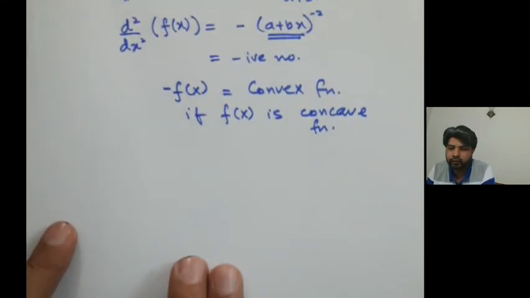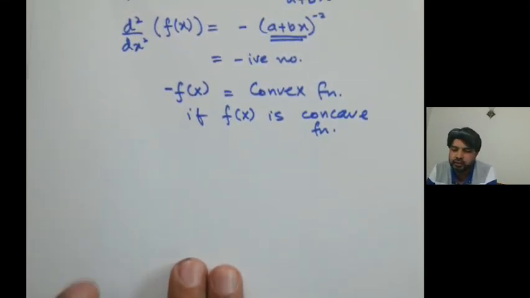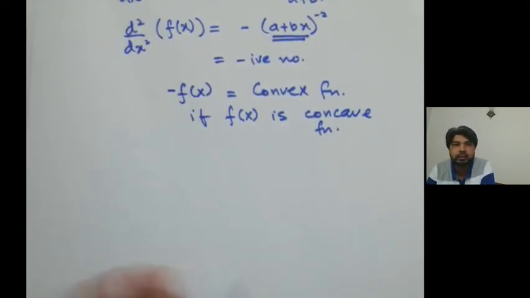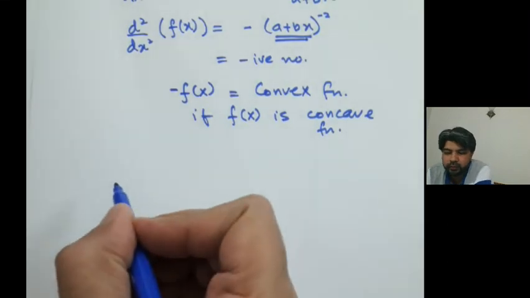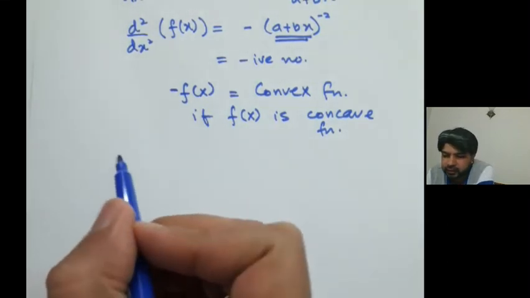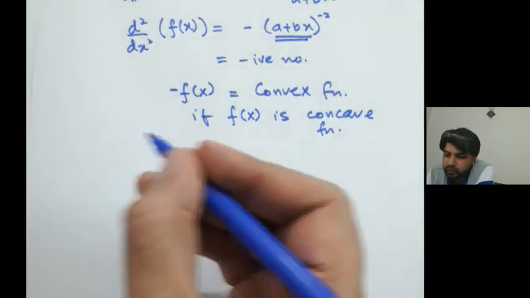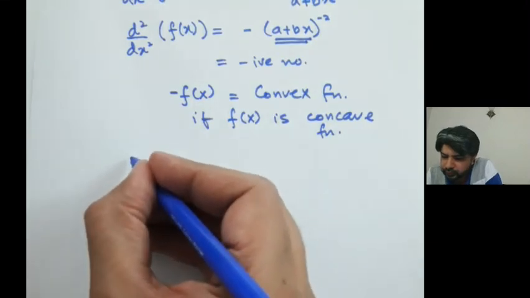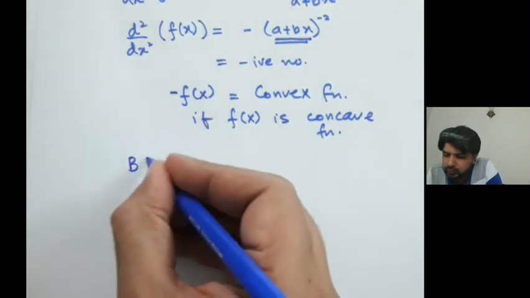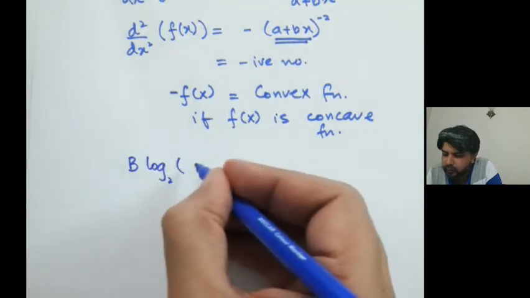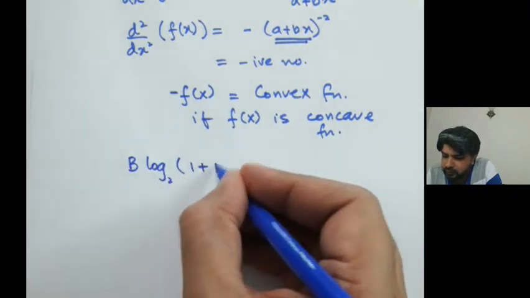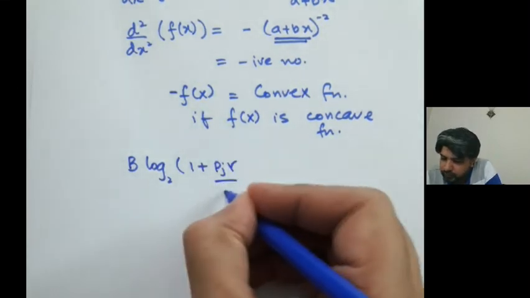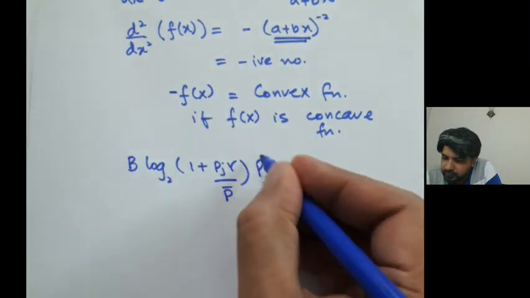So remember, what we are trying to do is find out what is the maximum capacity when both the transmitter and the receiver side have the channel side information, and the expression we needed to maximize was this: B log base 2 of 1 plus P_j gamma over P bar times P_j tilde.